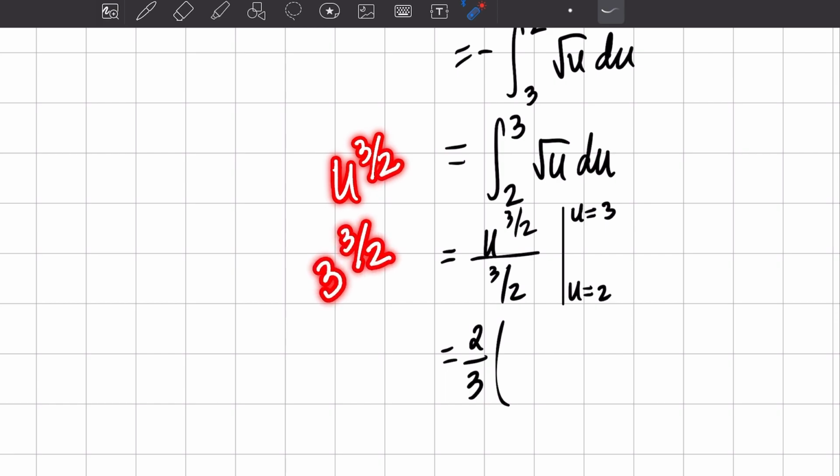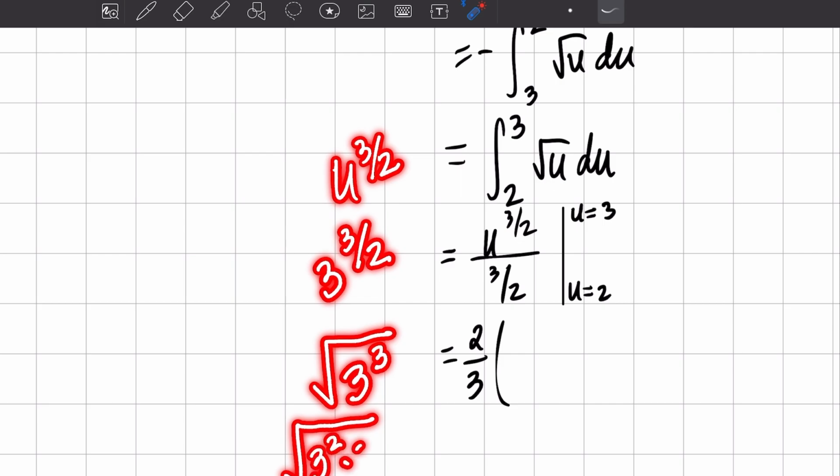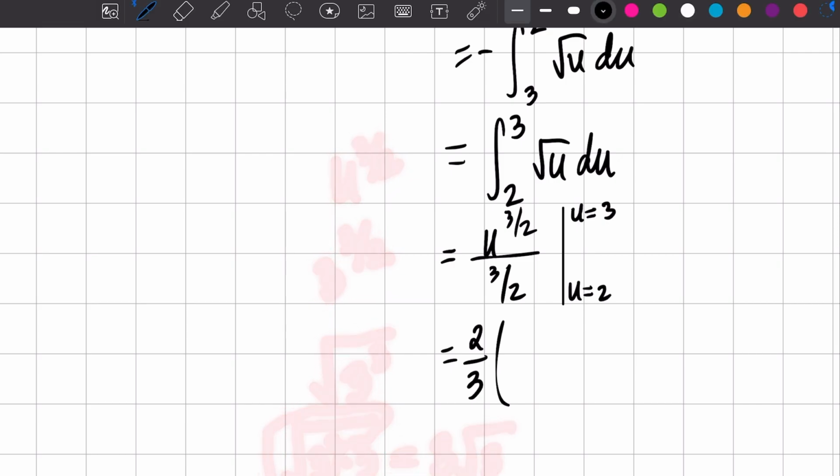And 3 raised to 3 over 2 is just the same as the square root of 3 raised to 3. And this one here is just the same as the square root of 3 squared times 3. And the square root of 3 squared is the same as 3. So this one should be 3 square root of 3.